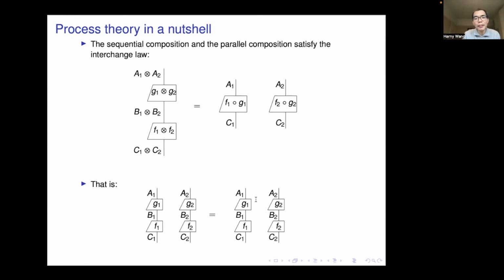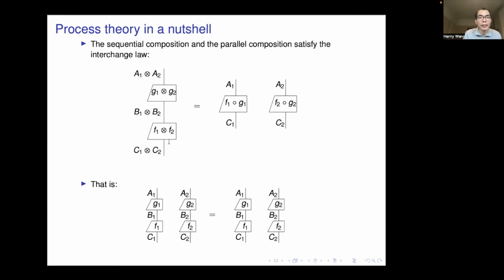Either I see the top two processes G1 and G2 as a single process, G1 tensor G2, and then I see the bottom two processes F1 and F2 as a single process, F1 tensor F2.